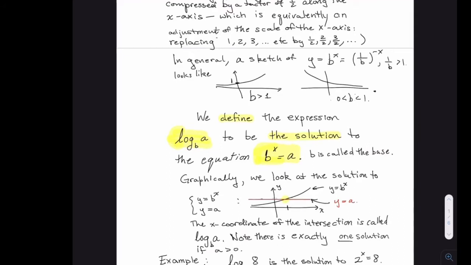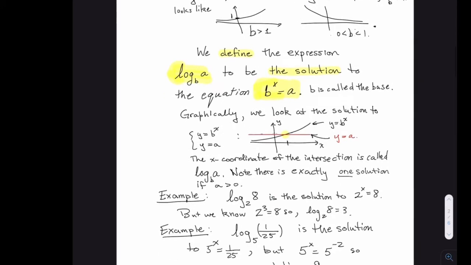This is very similar to defining the square root of a to be the non-negative solution of x squared equals a. So this is analogous. So we're going to define this to be a solution to an equation.